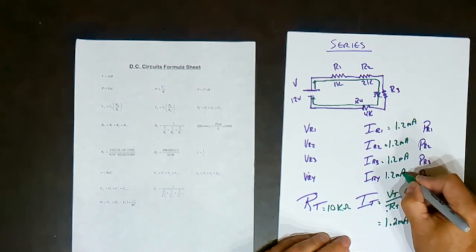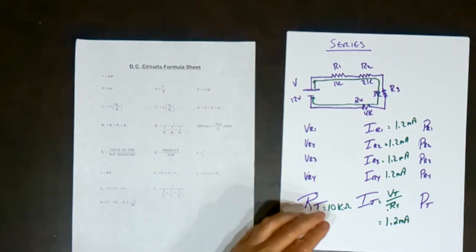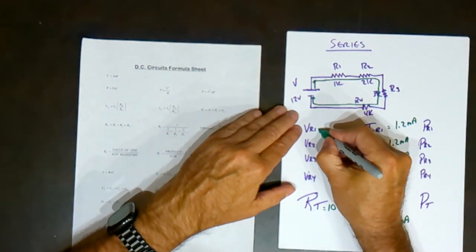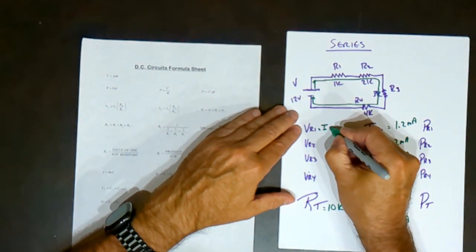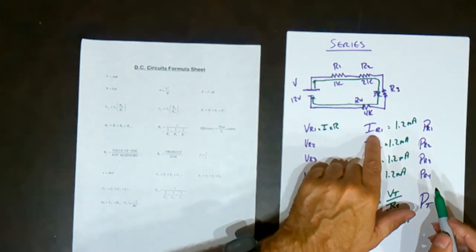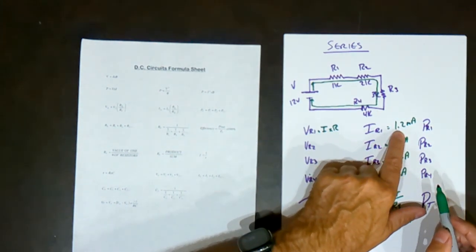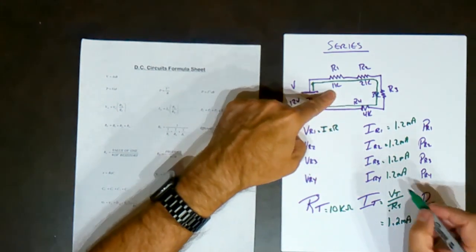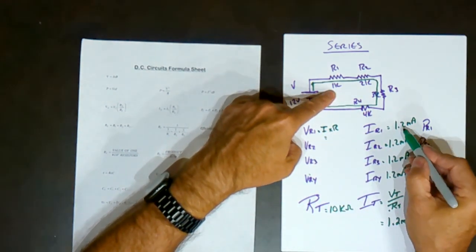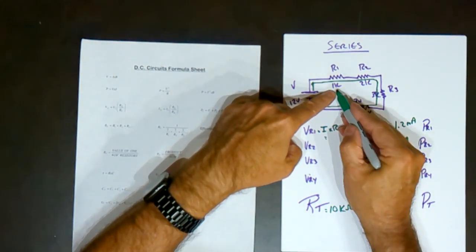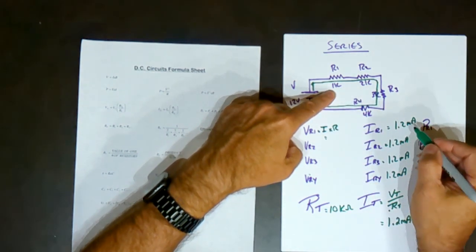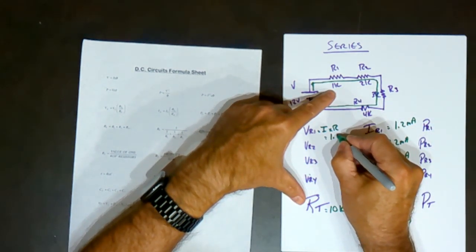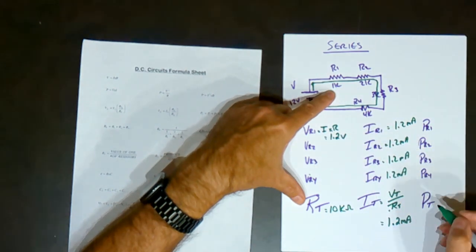Now, voltage. Voltage is current times resistance. So the current through R1 times the resistance of R1, this is going to be 1K times 1.2 milliamps, which gives us 1.2 volts.